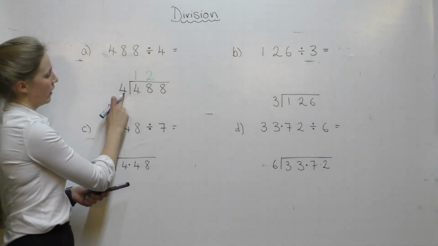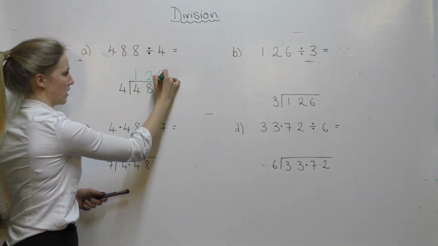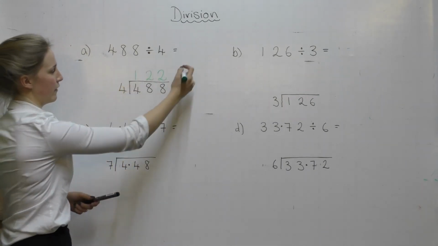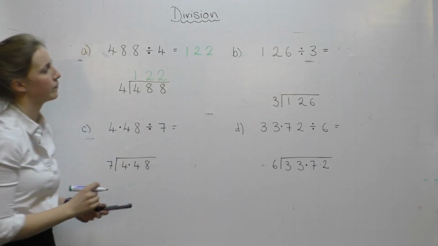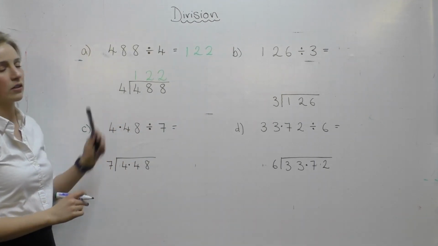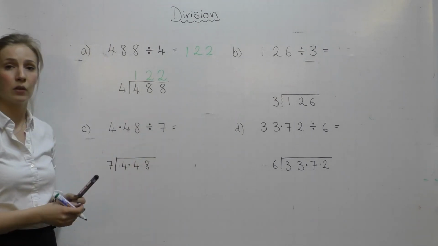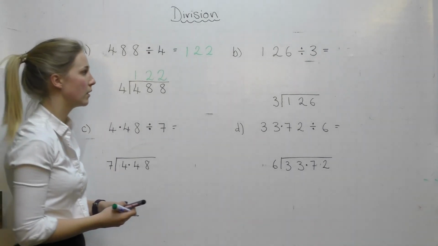And finally, how many 4s fit into 8? That is 2. So 488 divided by 4 is 122. That's an example where there's absolutely no carrying. However, for the rest of our examples, there will be something else to carry and something else to think about.